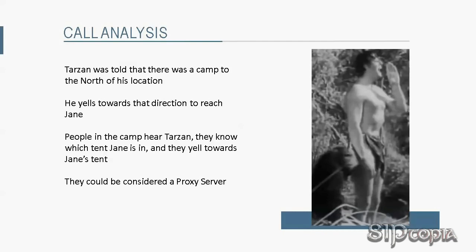Again, Tarzan yelled towards that camp. The folks heard Tarzan. They know where Jane is, and they yell at Jane towards her tent. This would be similar to a proxy server.